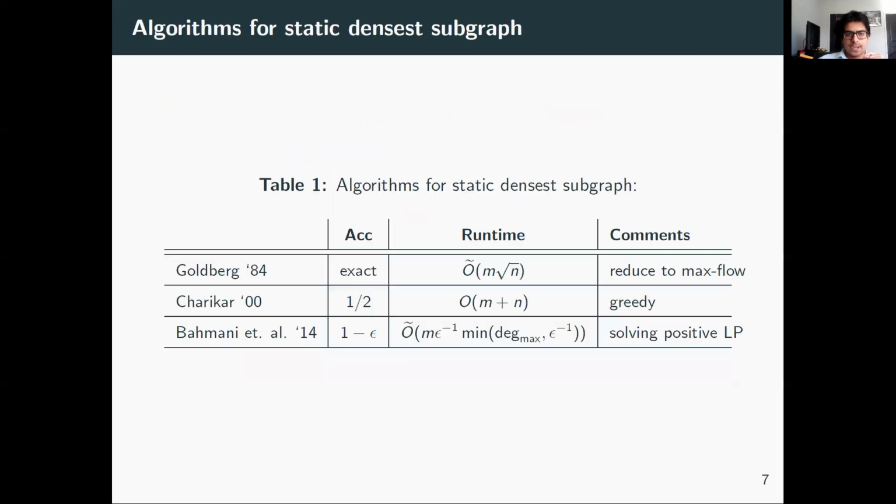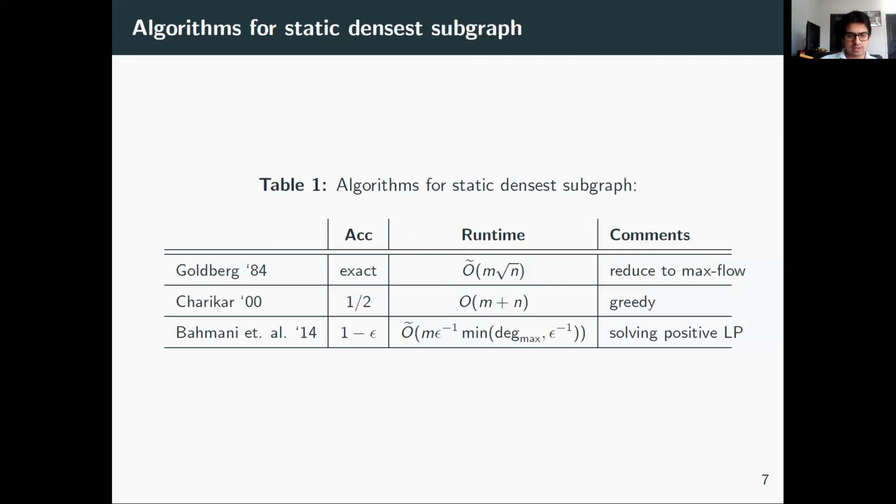All right. So here are some algorithms which exist to find the densest subgraph in the static setting, where you're given an entire graph and you want to find it. The exact algorithm was given by Goldberg in the 80s, and it's a reduction to max flow. Charikar came up with a very fast greedy algorithm, but the theoretical guarantee is only a half.